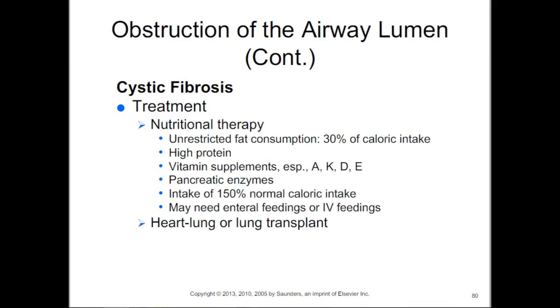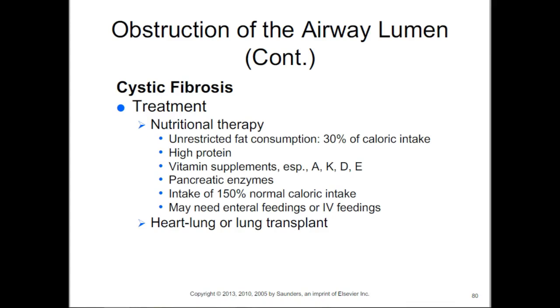And then antibiotics, very high dose in the case of bacterial infections, and the influenza vaccine to prevent pneumonia due to the flu. Nutritional therapy to increase the amount of nutrients available, right? So unrestricted fat consumption. They have high protein diets with vitamin supplementation, especially of their fat soluble vitamins.